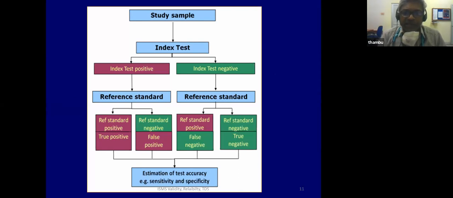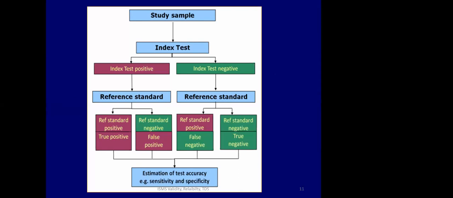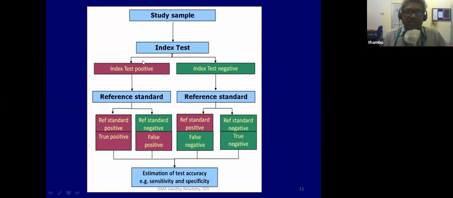Now, I just want to recap again the usual diagnostic test. You have a study sample, you have an index test, which can be positive or negative. You have a reference standard in both areas. They can be positive or negative. And you have to compare it against, so the reference standard positive is called true positive. And if the reference standard is negative, you say no disease.